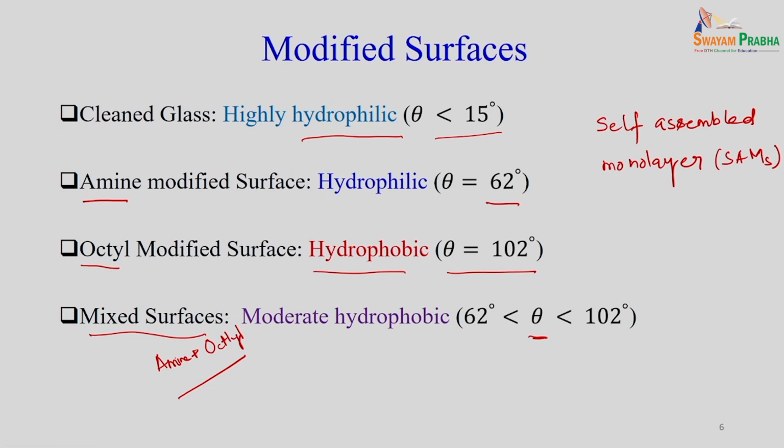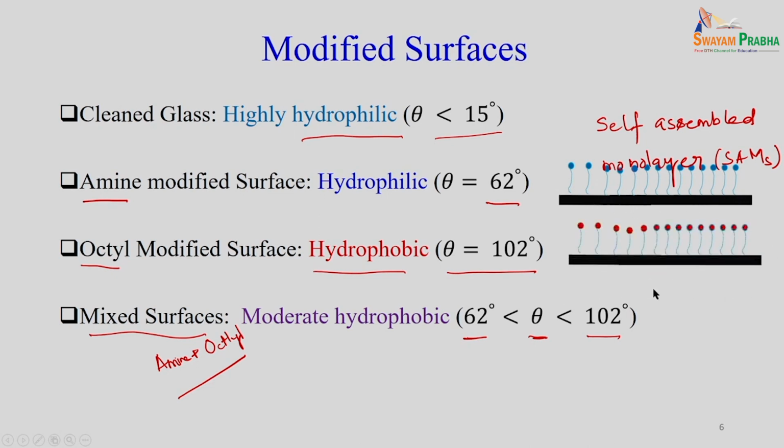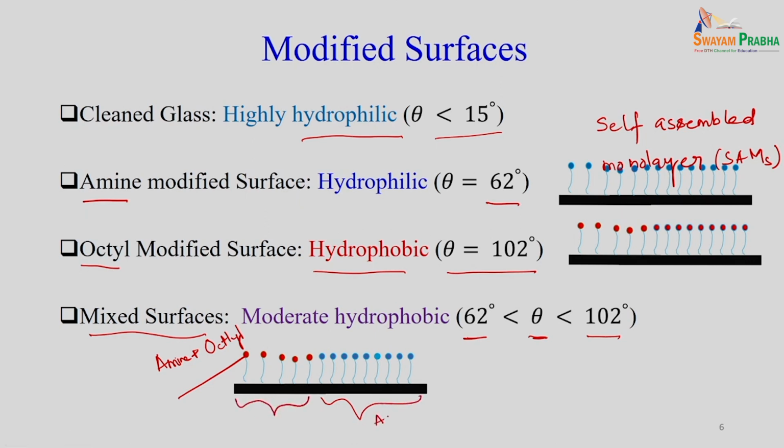So, we can design a surface with different wettability by varying the ratio of these two, and the contact angle will be between 62 and 102. Here you can say this is a mono SAM of amine, this is a mono SAM of octyl, and in the mixed SAM we have both groups. This part is amine and this part is octyl group.